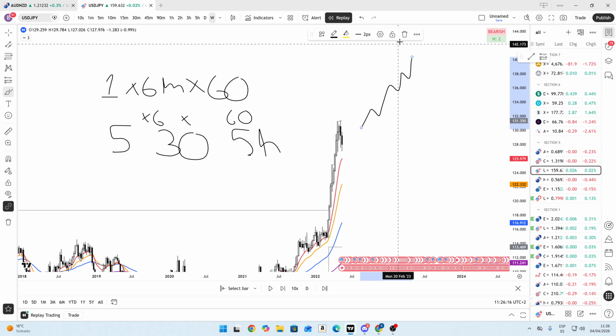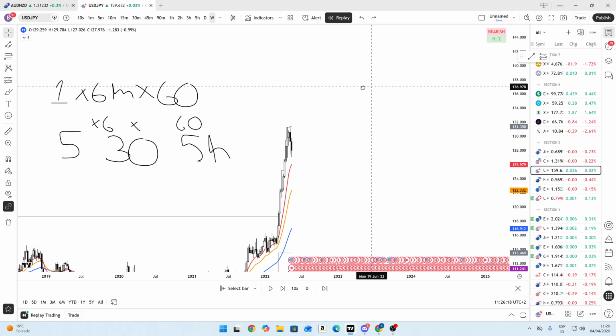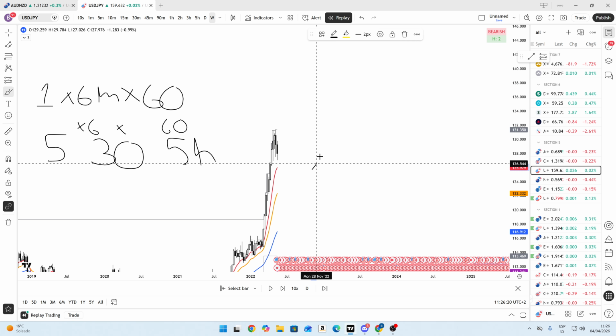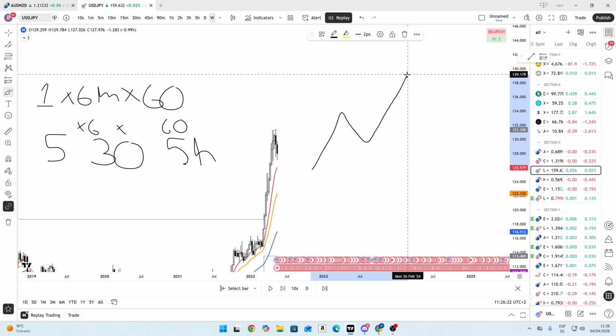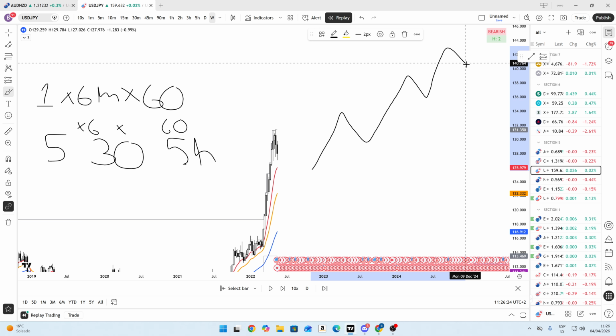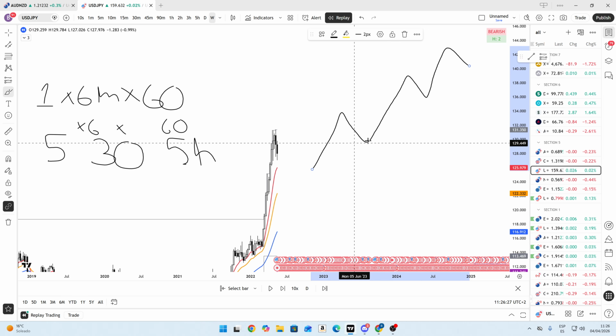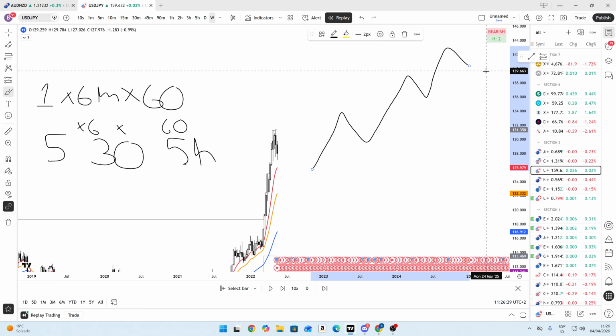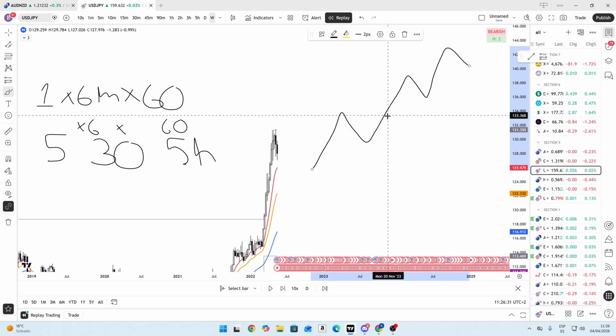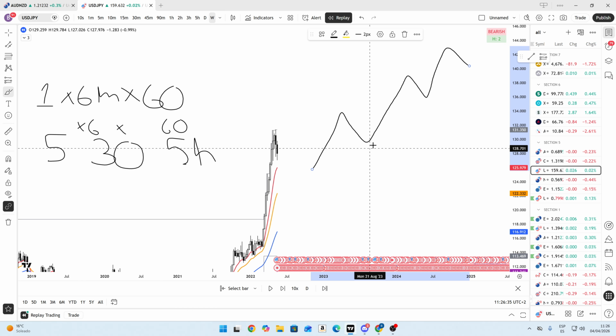Let's imagine this is the 5 hour, and it's creating the right moves, pulling back to the EMAs or whatever. I will explain that later. But on the 30-minute time frame, you don't see that often, because the trend is just so strong that it doesn't want to show up there.